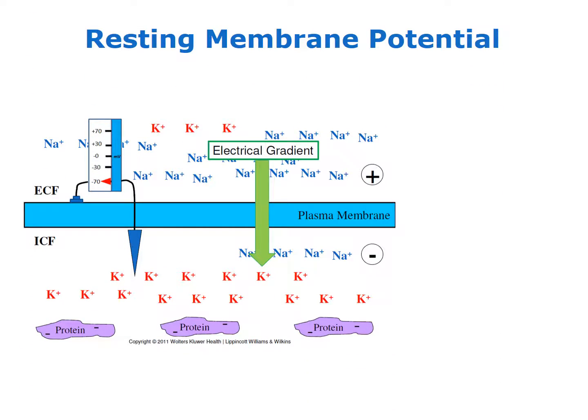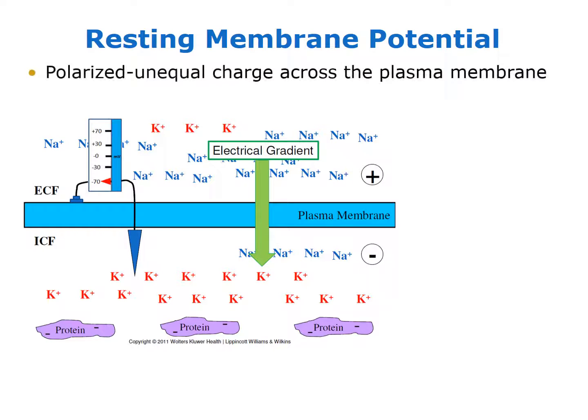In the previous screencast, we learned that at its resting membrane potential, the plasma membrane is polarized. There are more positively charged ions outside the cell compared to inside the cell, so there is an electrical gradient that will move positively charged particles into the plasma membrane.